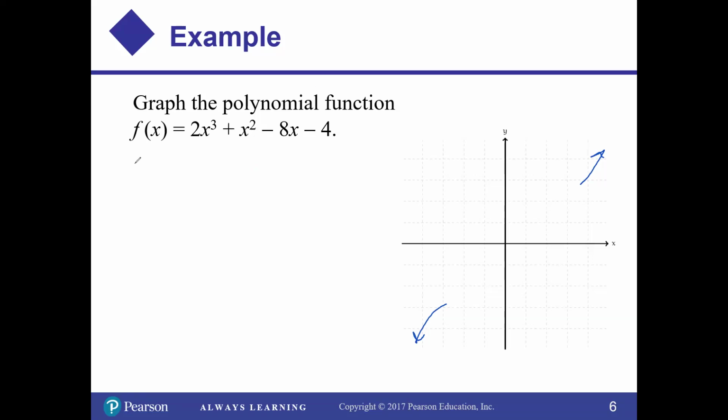So the next thing we want to do is find our zeros. Anytime you find zeros, just as a reminder, again, we were doing this with quadratics, you should always make sure that your polynomial is equal to 0. We would need to factor this, so we're going to try factoring by groups. Here I can factor out at least an x squared, and I'd be left with a 2x plus 1.